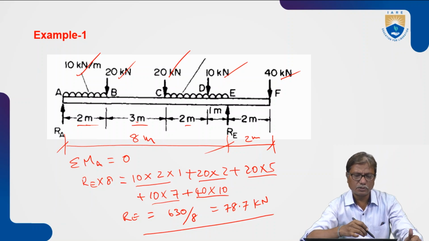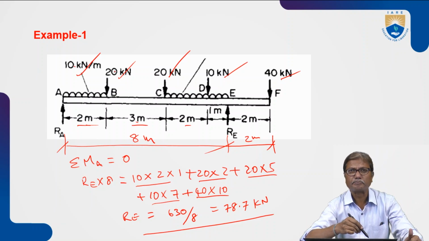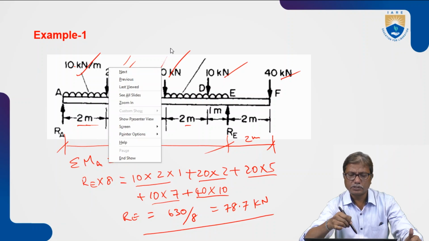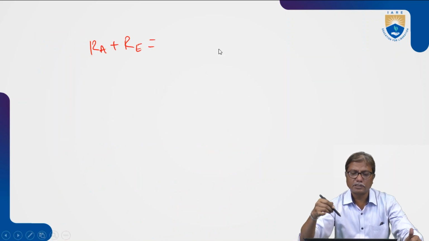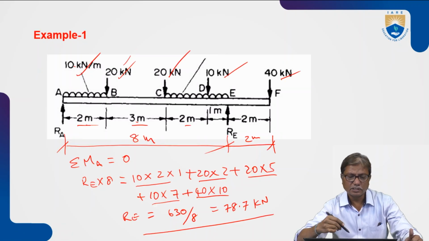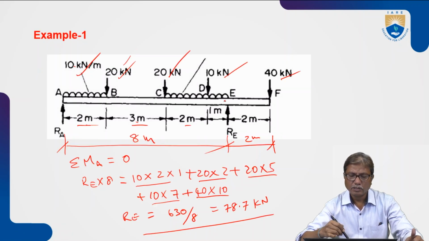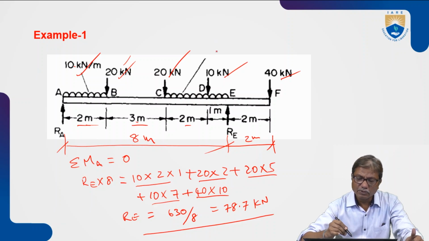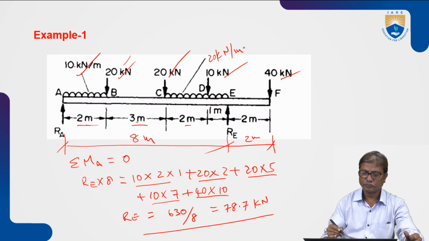What is the total downward load? 10 into 2, 20, plus 20, 40, plus 20, 60, plus 10, 70, and there is one more UDL, 20 kilonewton per meter, that we have not considered here.